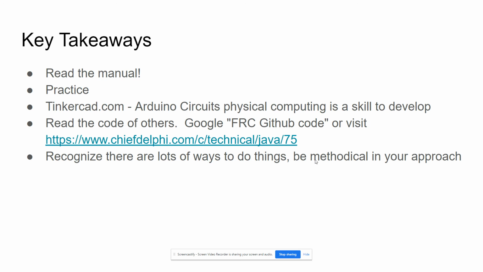For example, for their intake one year, they needed to determine if the cargo was in the robot, so they would read the amperage of the motor controller. If the amperage was higher, that indicated the motor was working harder, which meant that a ball was being sucked in. So there are little things like that that are really useful.